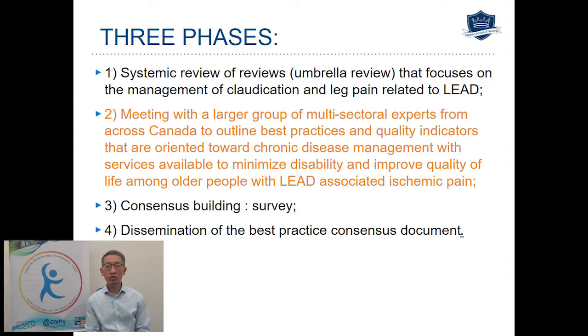So we decided to do something called review of reviews. The other term we use in the Joanna Briggs Institute methodology is umbrella review. And we focus primarily on the management of pain, claudication, and leg pain in people with lower extremity arterial disease.